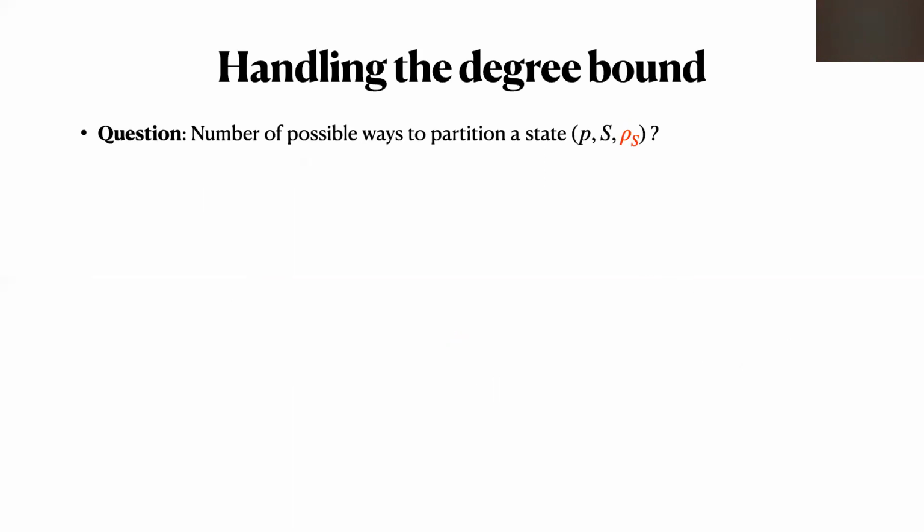With this modified definition, we count the size of the tree T circle as before. So we ask the same question: what's the number of possible ways to partition a state?